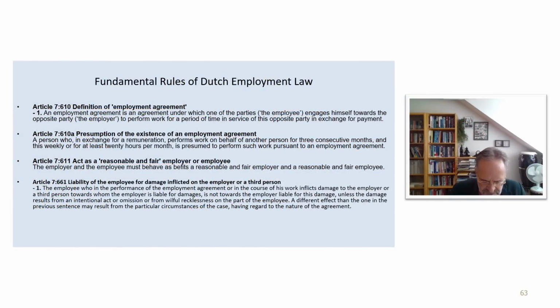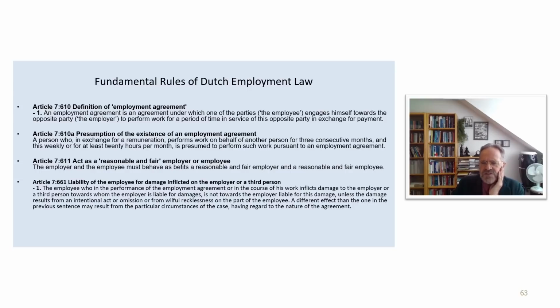Now, if we look into the fundamentals of Dutch employment law, we see a definition of an employment agreement. It is an agreement, so it is a contract under which one of the parties, so you have two parties, you have an employee and you have an employer, but one of the parties, the employee, commits himself towards the other, the employer.